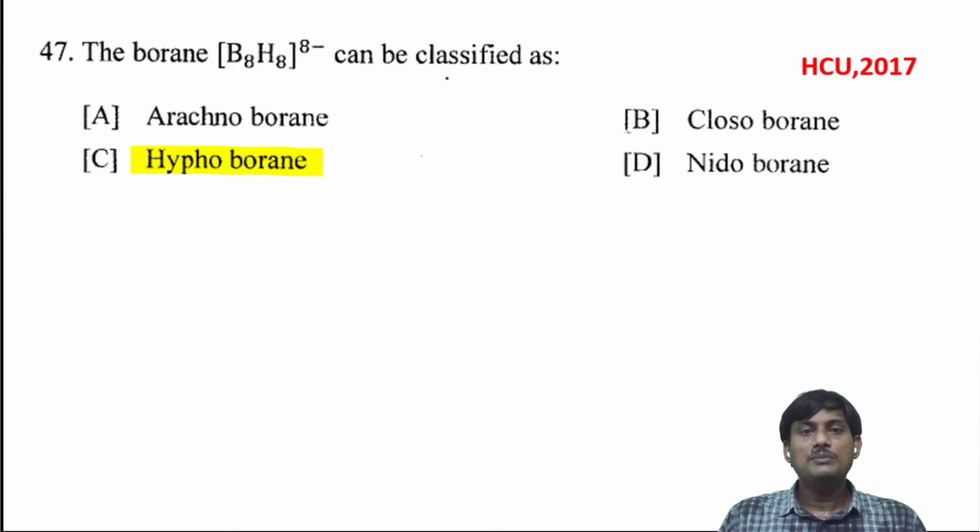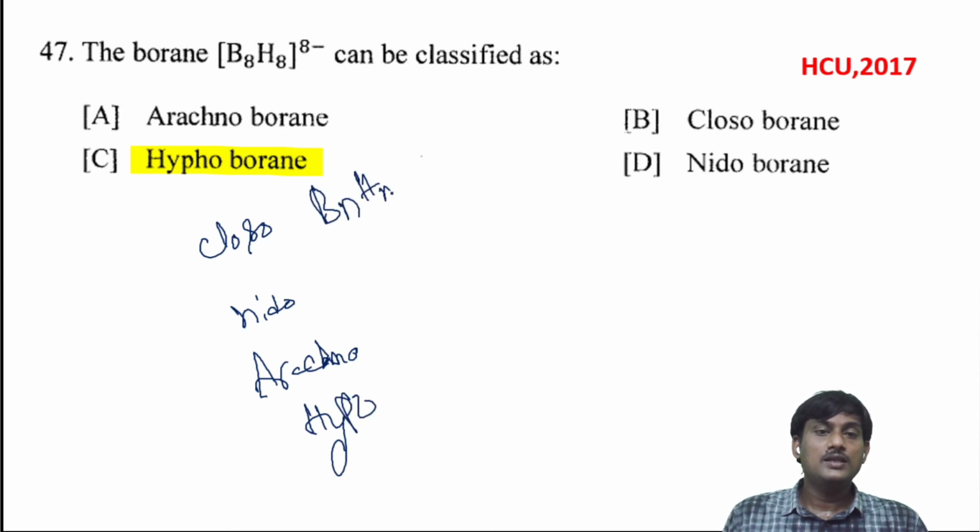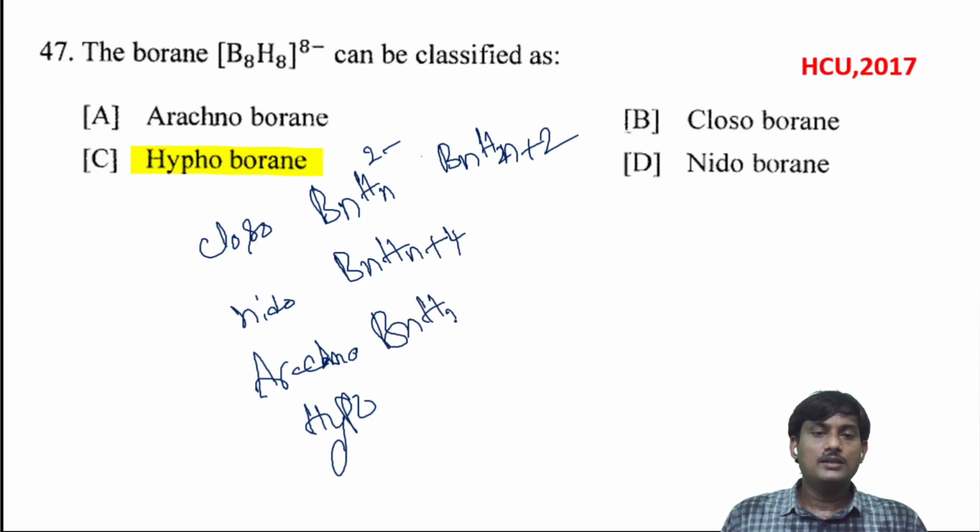The borane B8H8 2 minus can be classified as closo, nido, arachno, or hypho. Then what are the formulas? Closo has BnHn 2 minus, nido has BnHn plus 4, arachno has BnHn plus 6, and hypho has BnHn plus 8.